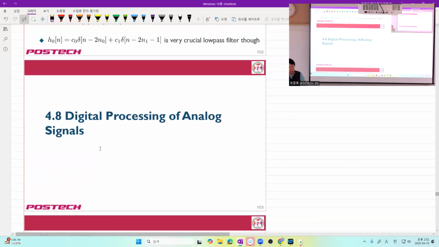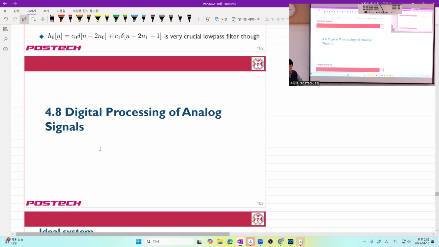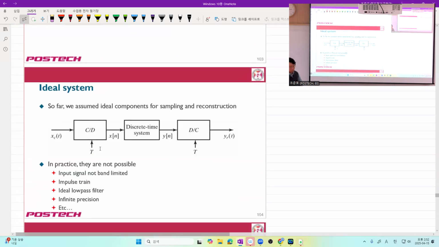Okay, here goes what is really related to that CD playback. So, digital processing of analog signals. Just think about this analog signal as a speech or acoustic or voice signal. And what do we do? This is what we do. So here is my voice converted to an electrical signal.